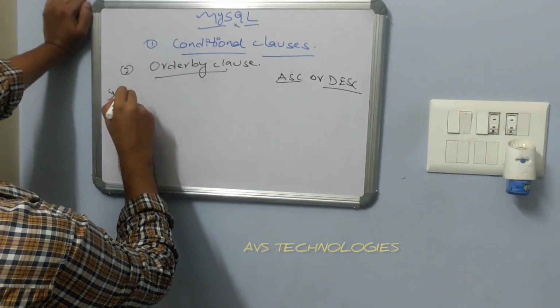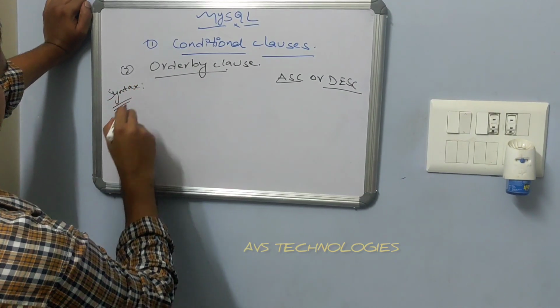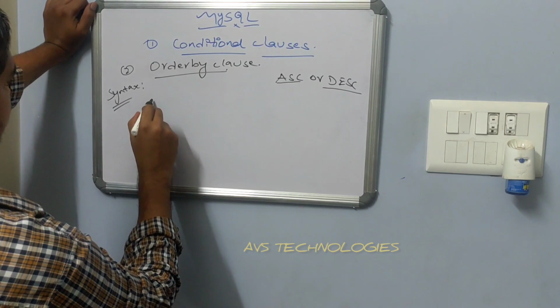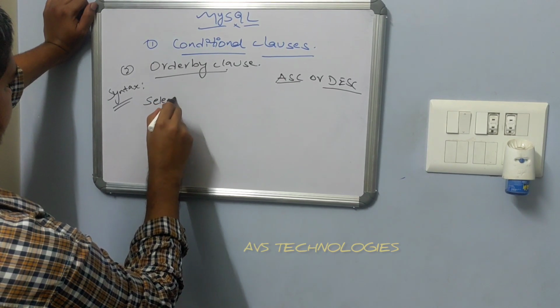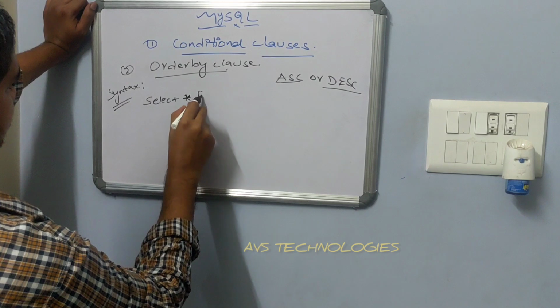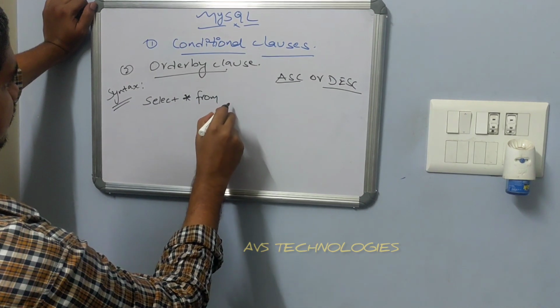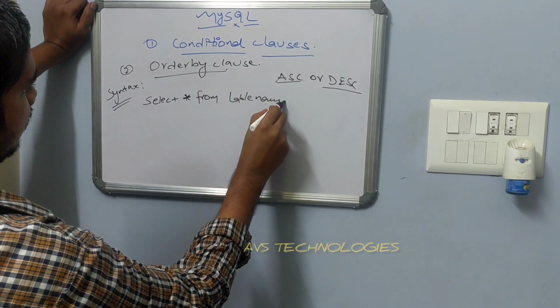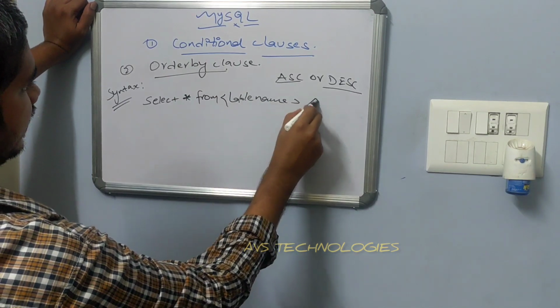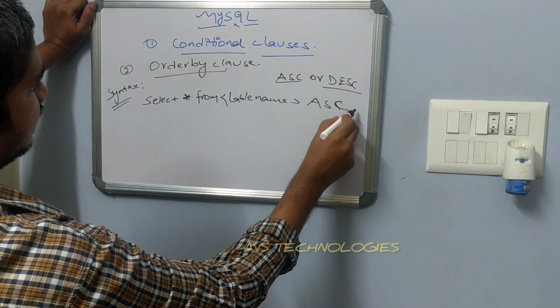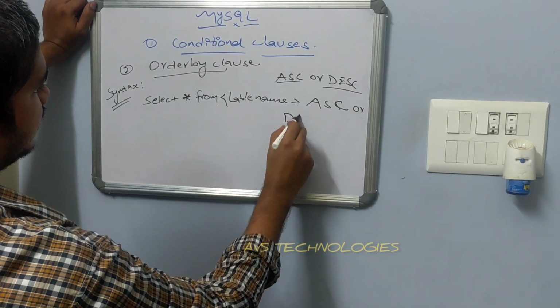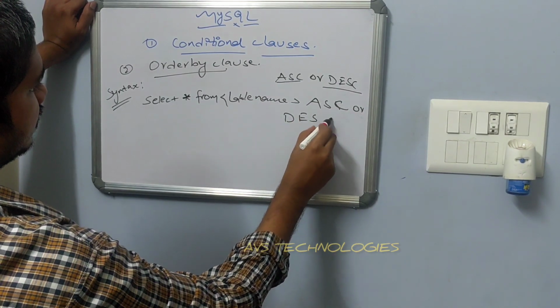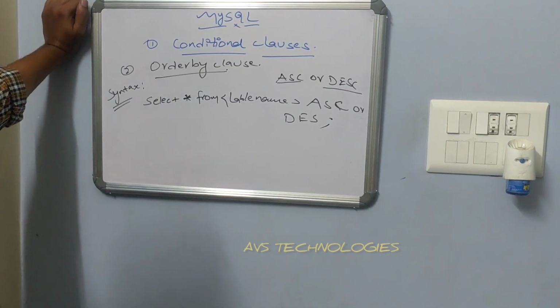Syntax. Select star from table name order by ascending or descending, semicolon.